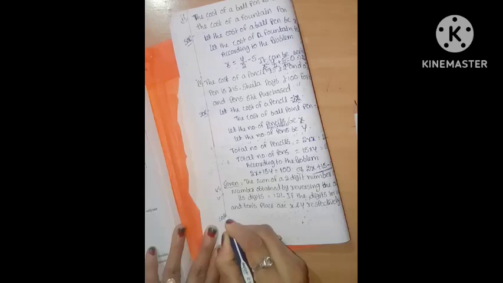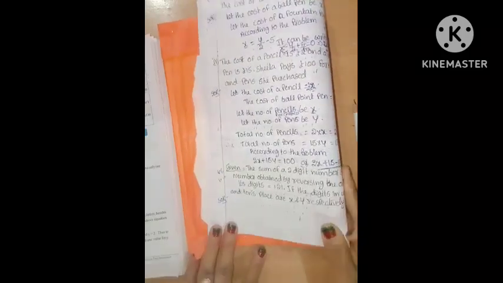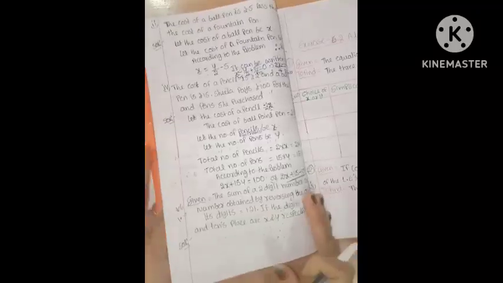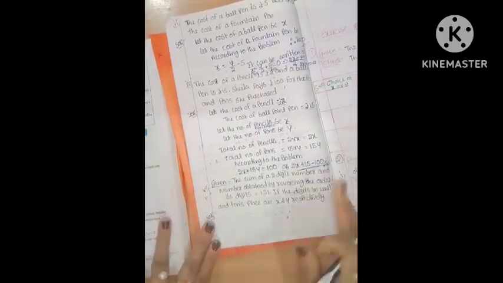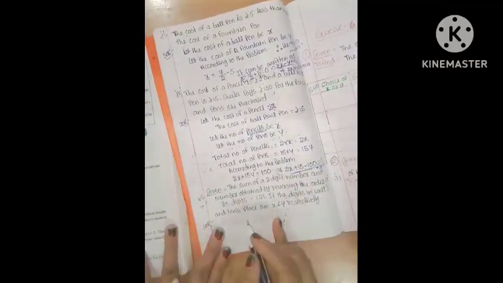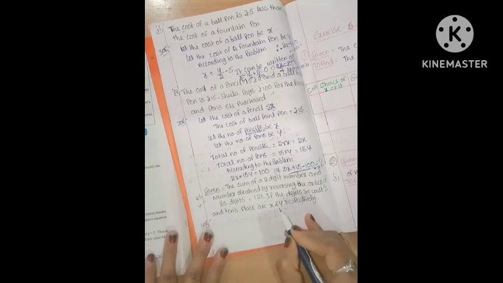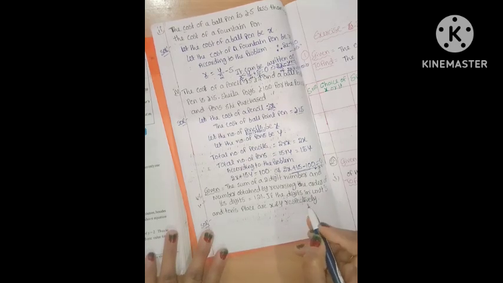Solution. Let the digits of the two-digit number be x and y respectively.